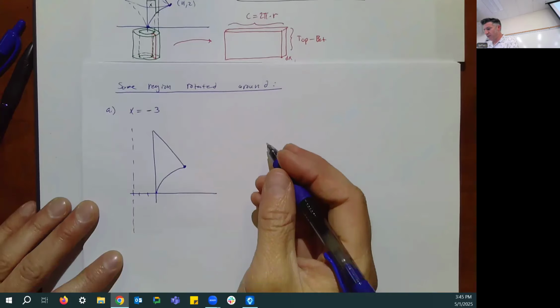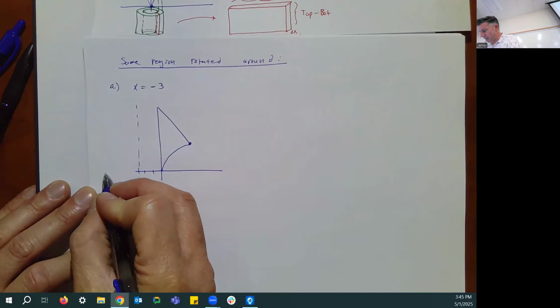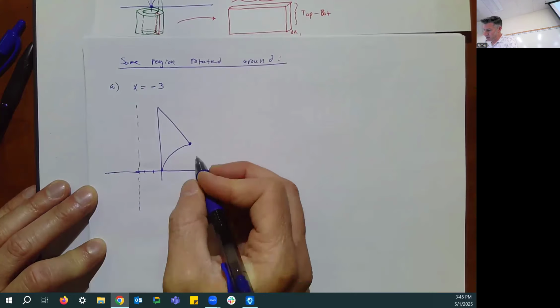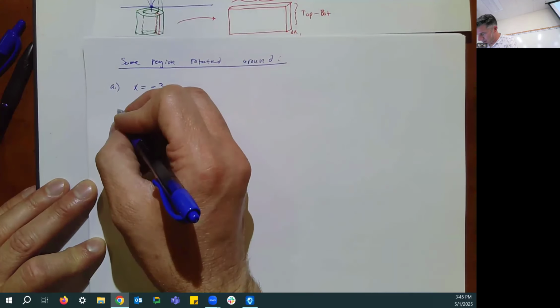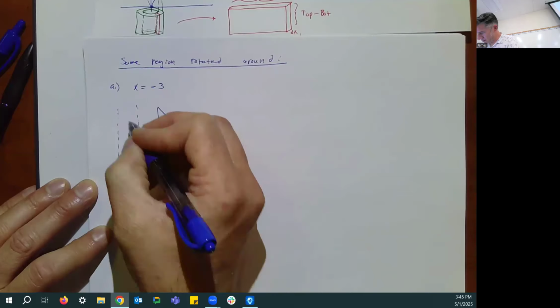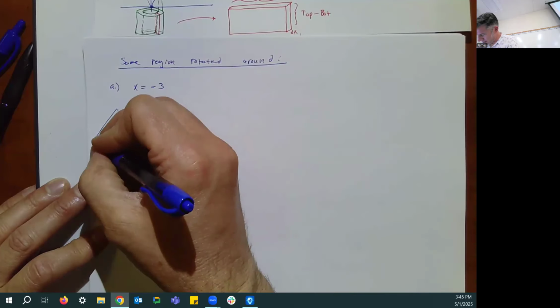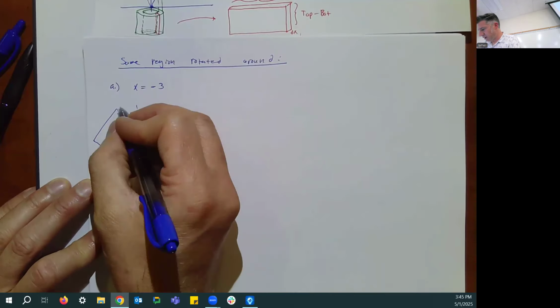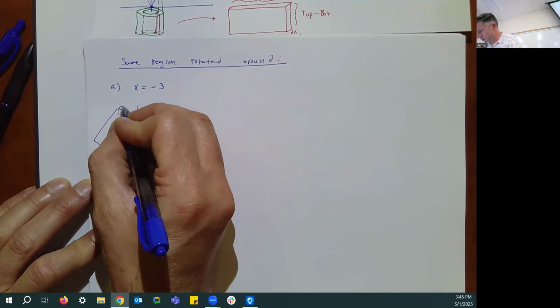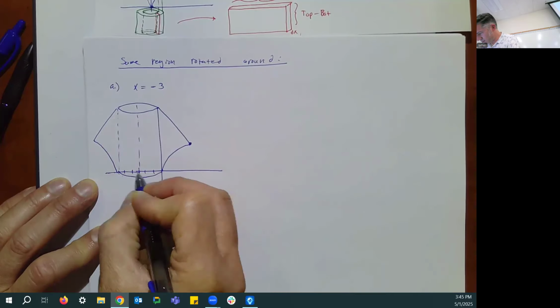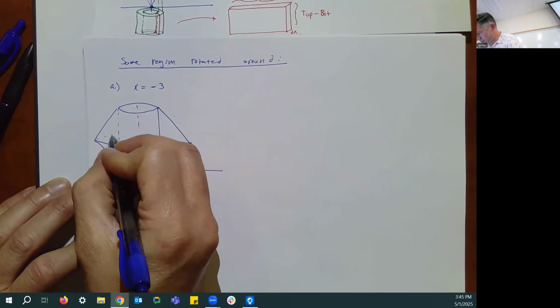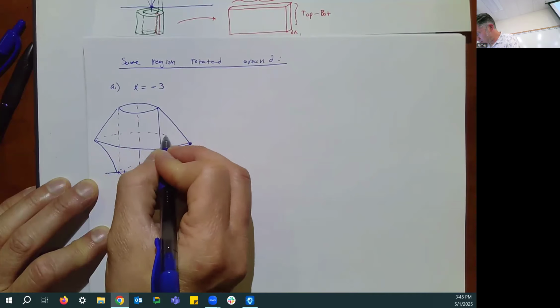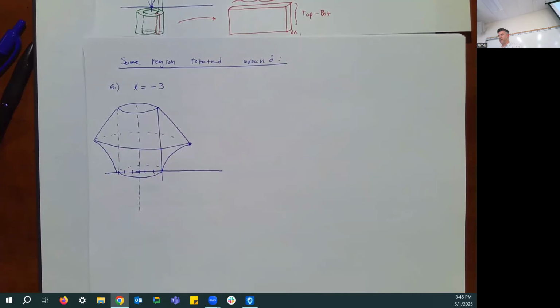But now if we move the axis of rotation away and we rotate this thing, it's going to look much different, because now I'm going to go 1, 2, 3. So now here's my volume. It's some solid with the whole cylinder cut out from the center.